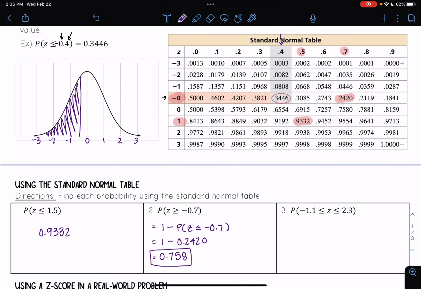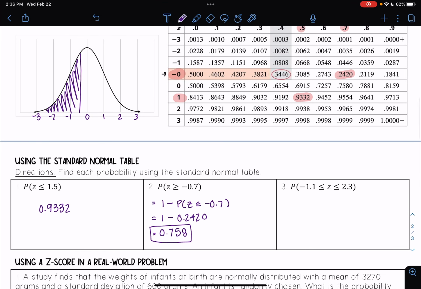Okay, now let's look at one more. Here I have the probability that negative 1.1 is less than or equal to z, which is less than or equal to 2.3. So here I am looking at this area right here of negative 1.1 to 2.3. I see that's going to be a pretty large area.